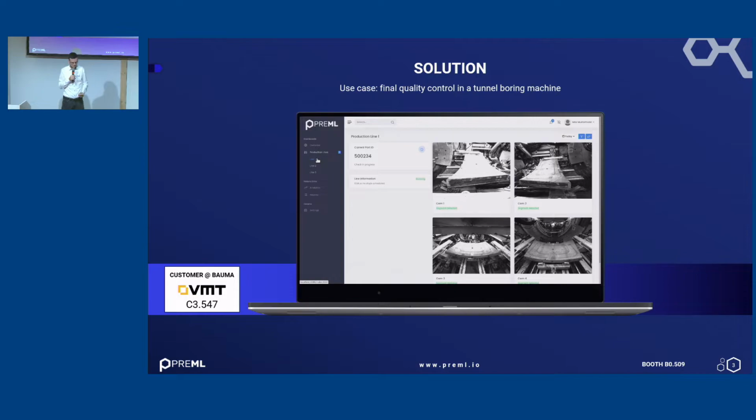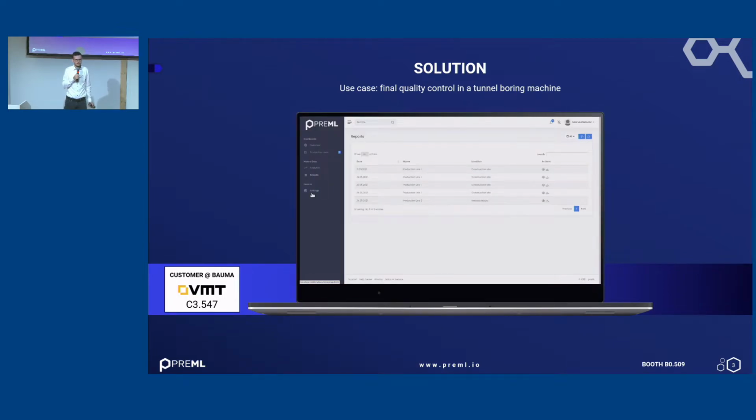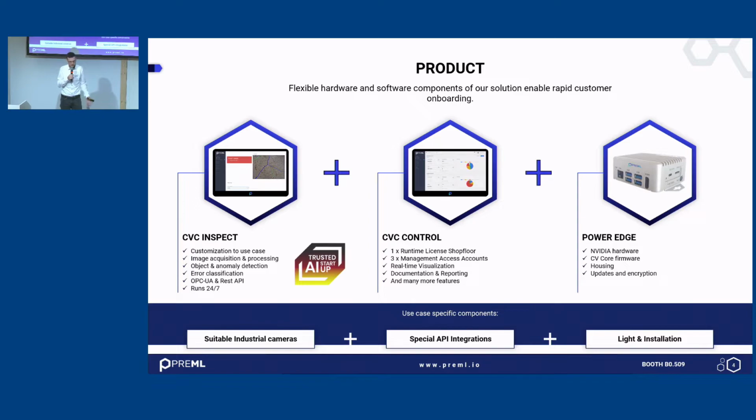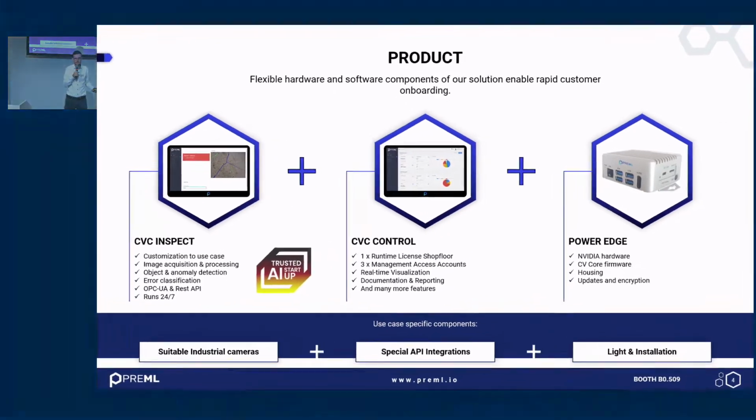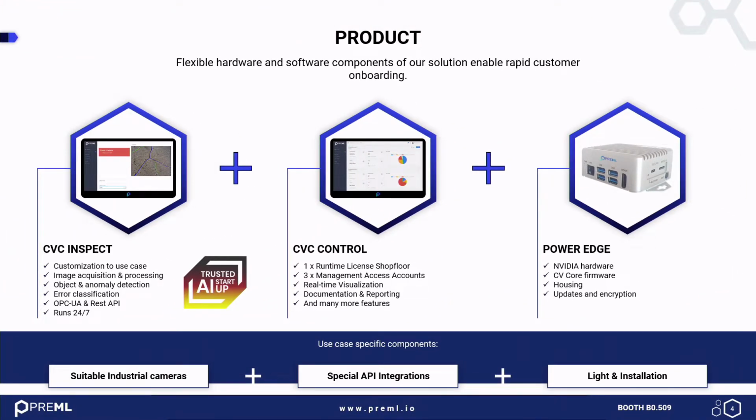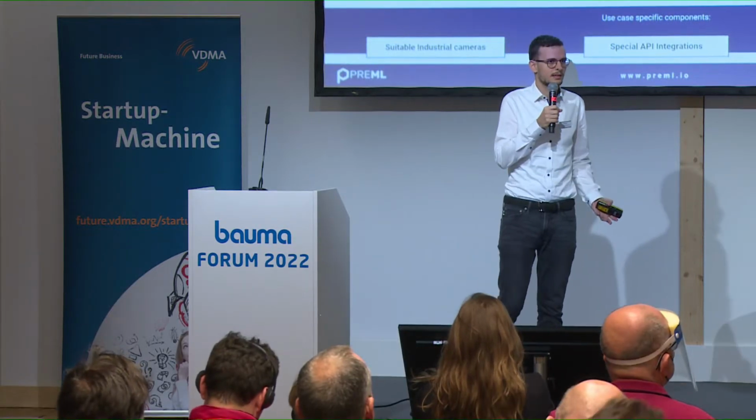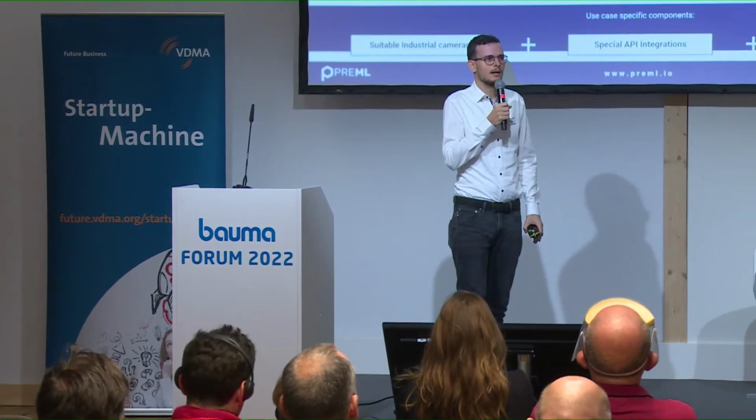All this works in tunneling, but it also works with other concrete products as well as other materials. What is always the same when we sell a project is the infrastructure where we build AI models in order to find defects, then the dashboard, which you just saw before in the video, and then this is all installed on a Power Edge device.